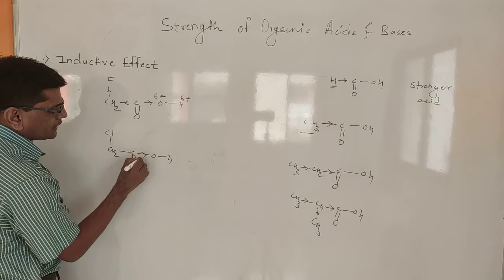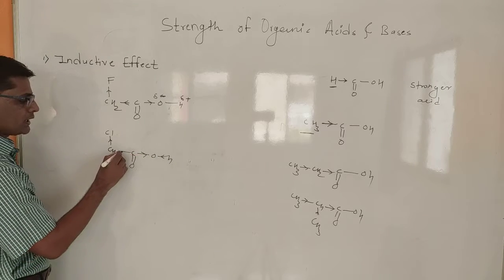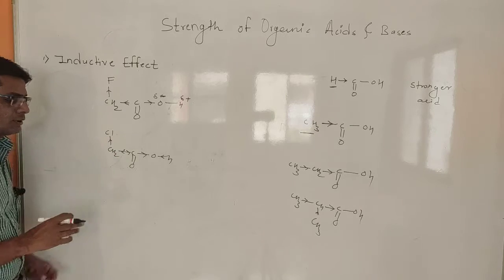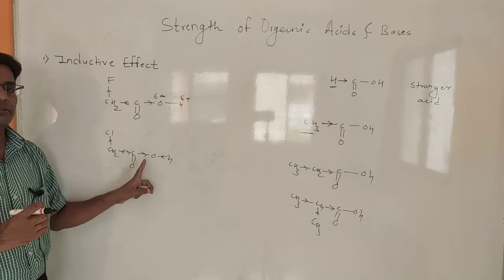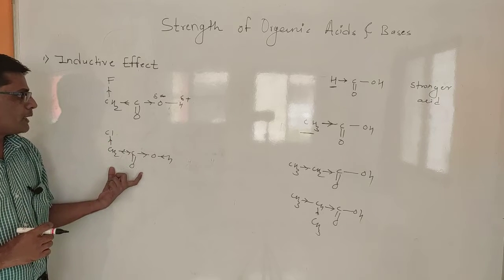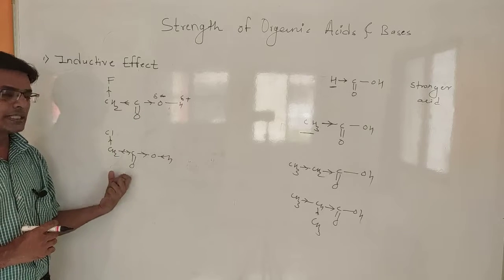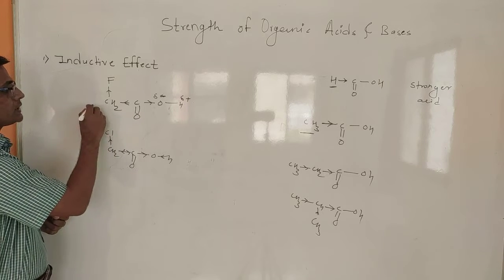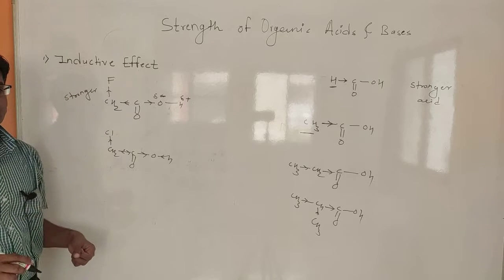So the flow of electrons is toward the oxygen, but chlorine also withdraws the electron. So on both sides the electron will be withdrawn by chlorine as well as oxygen. When we compare the acidic nature of fluoroacetic acid and chloroacetic acid, fluoroacetic acid is a stronger acid as compared to chloroacetic acid.